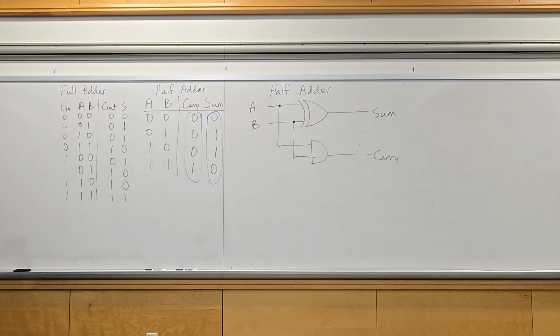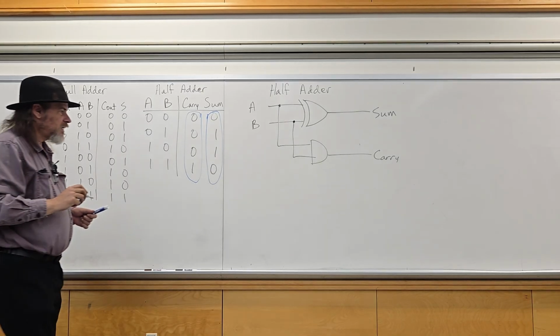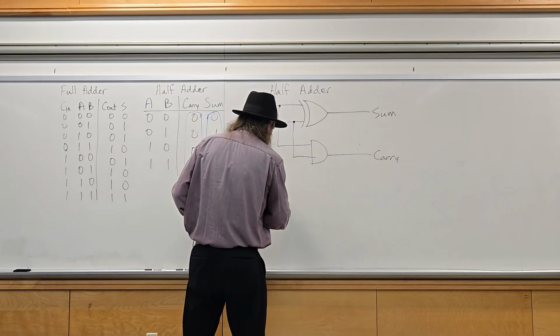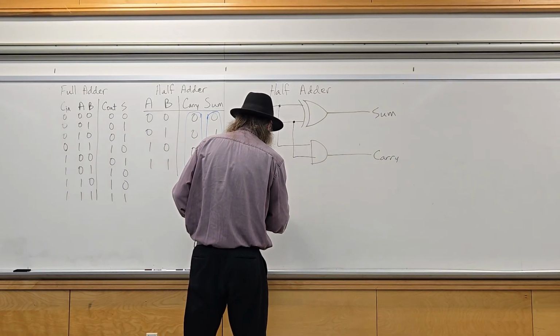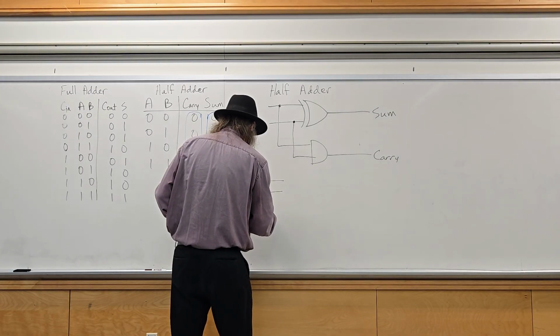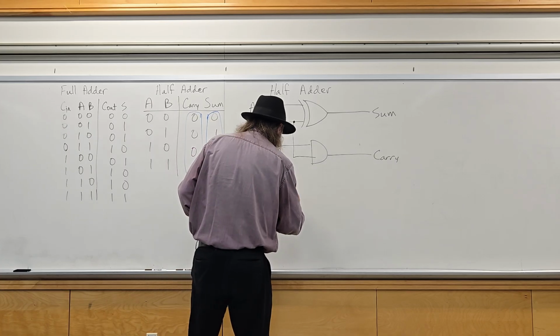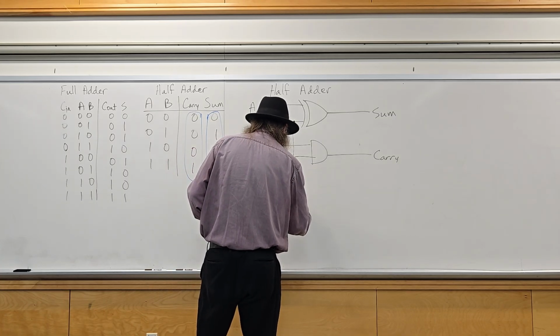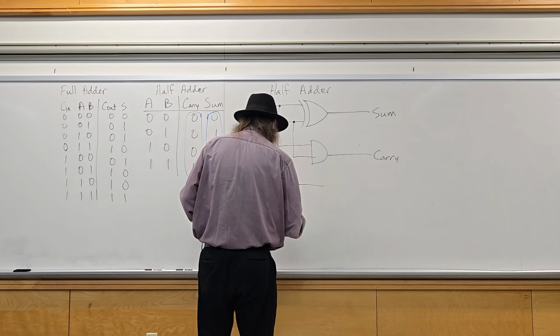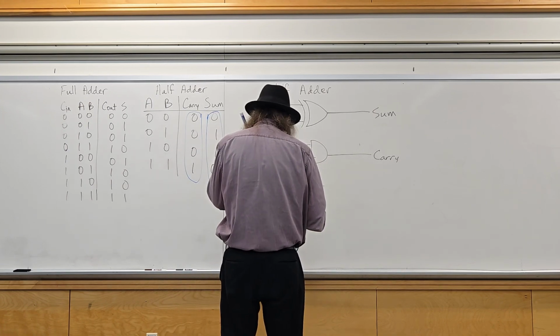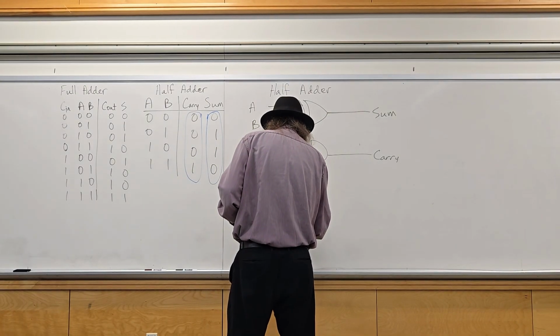All right. So how do you link up 2 half adders together to make a full adder? Well, you have your A and B and your CN. You add your A and B together.